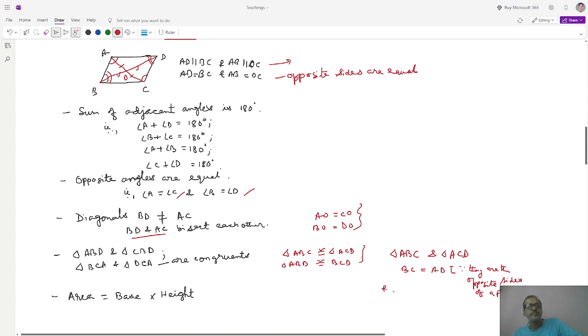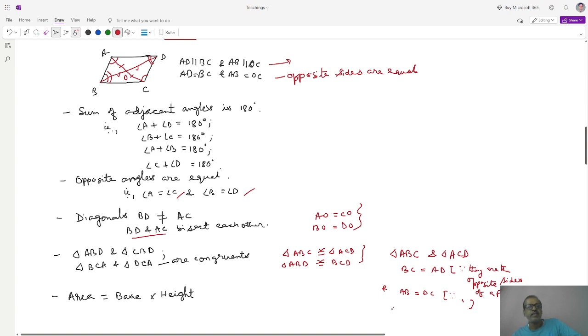And similarly, AB equals DC, since they are the opposite sides of a parallelogram.